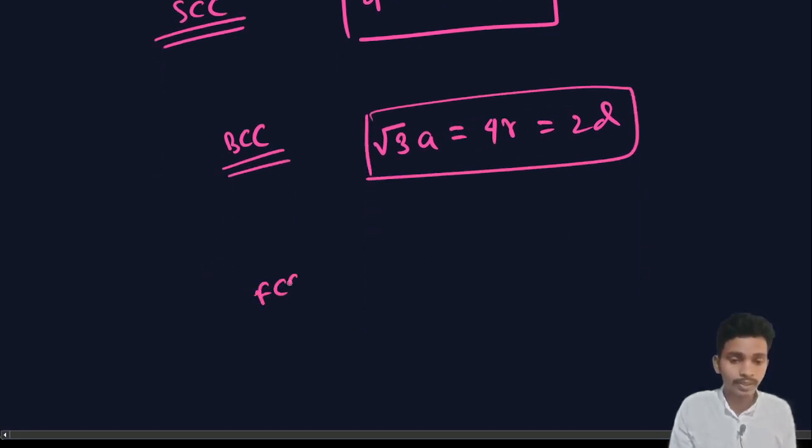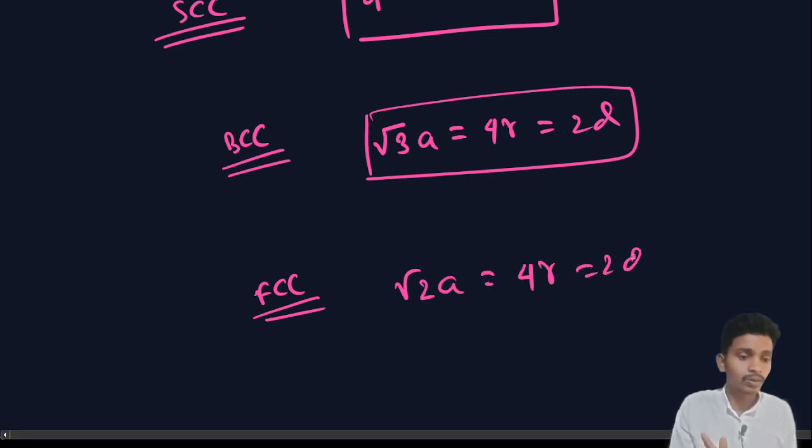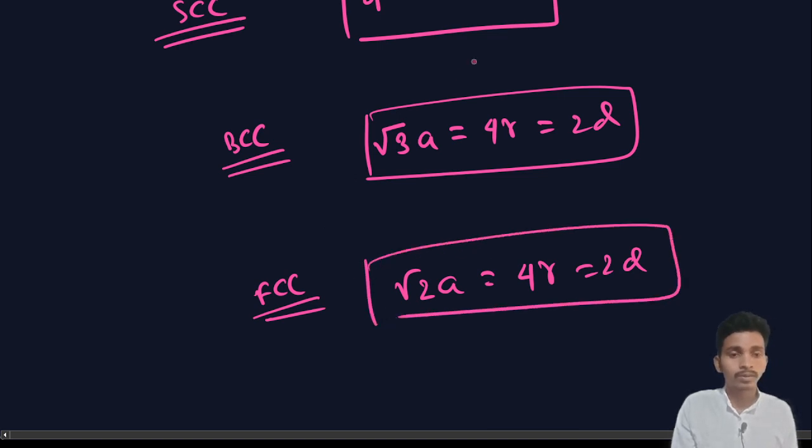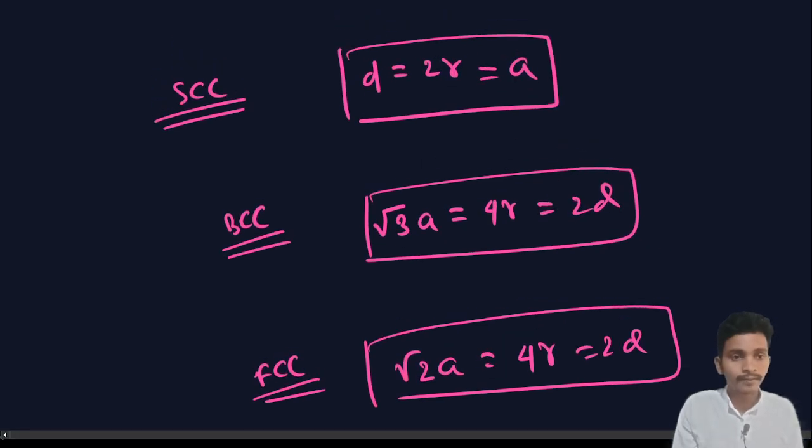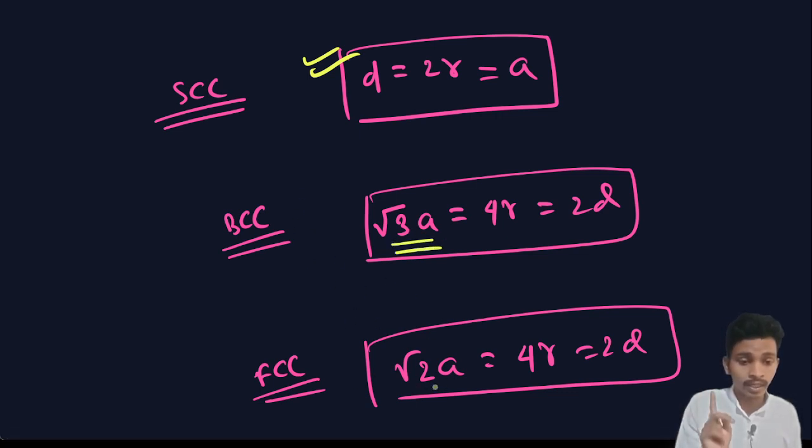And for FCC, the base center, the base diagonal root 2A equals 4R equals 2D. So remember that if it is SCC, then D equals 2R, which equals A. If it is BCC, it is the body diagonal root 3A; for FCC it is the base diagonal root 2A, and this is 4R and 2D.